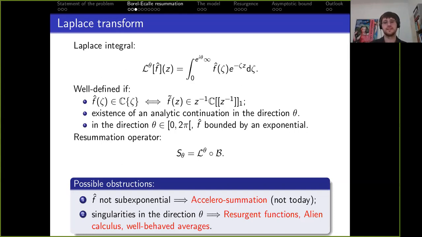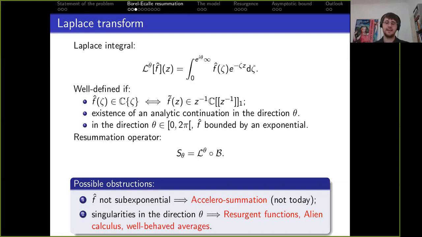Another typical thing that can happen is that you don't have an analytic continuation in the direction of theta because you hit some singularities. The idea of Ecalle is to say, okay, I will hit some singularities, but in many cases, the singularities are not so bad. In some sense, they are isolated. It's the crucial idea.